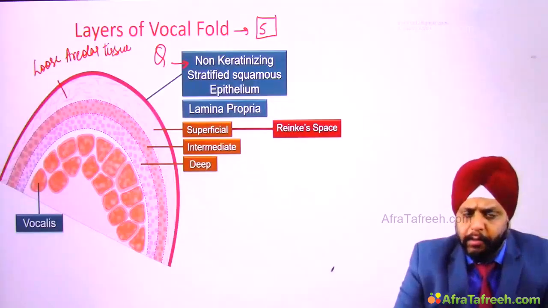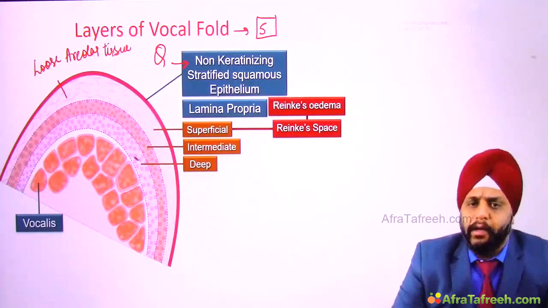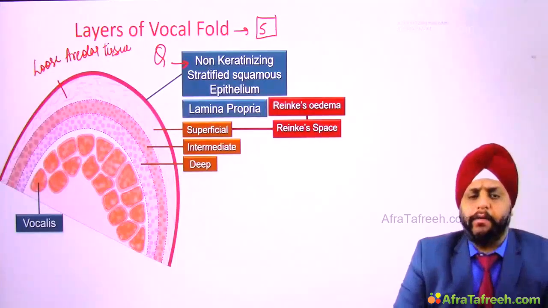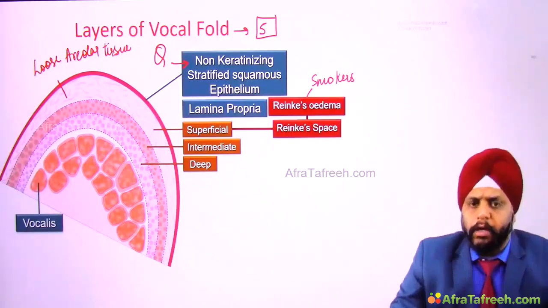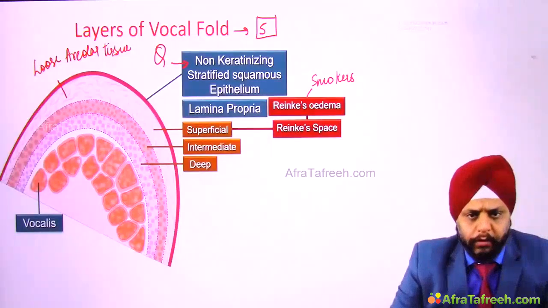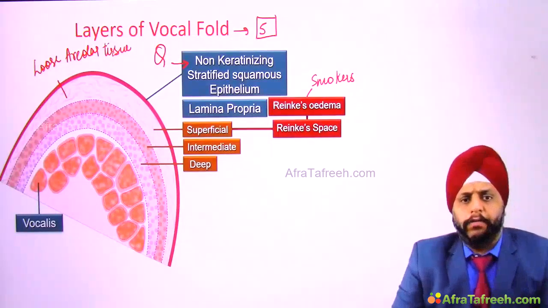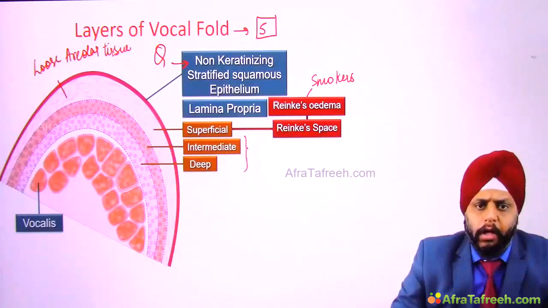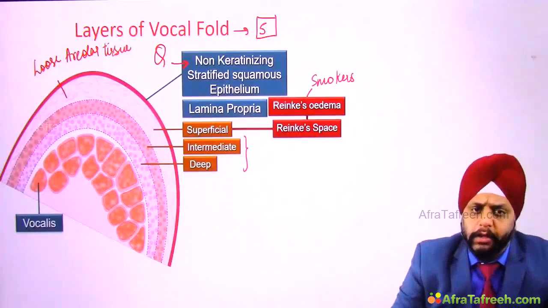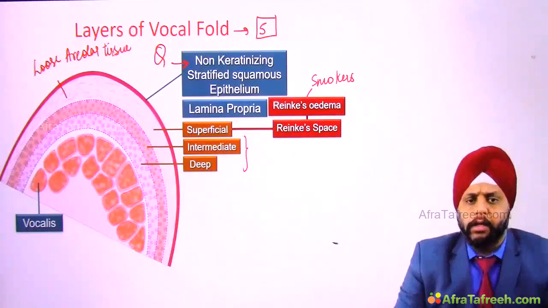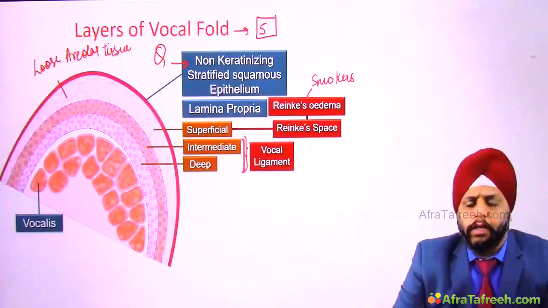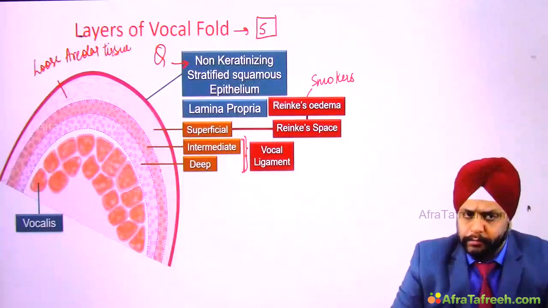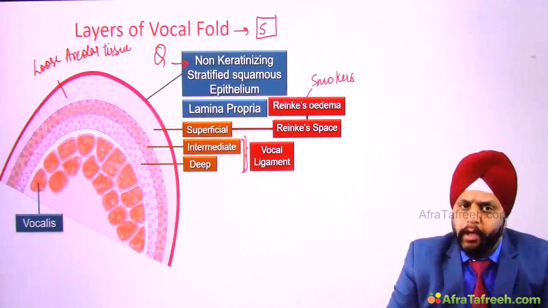If we have edema in Reinke space, this is known as Reinke's edema. Reinke's edema is seen in smokers. Then we have the intermediate and deep layers. The collagen fibers in both these layers combine to form the vocal ligament. And finally we have the vocalis muscle.